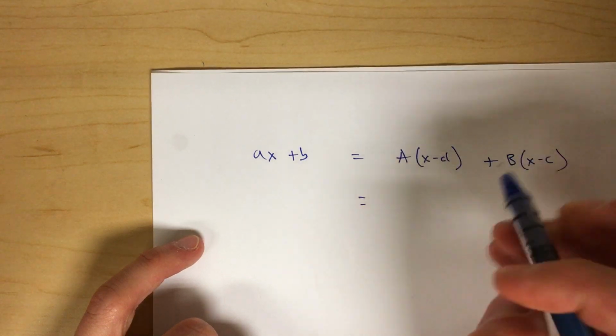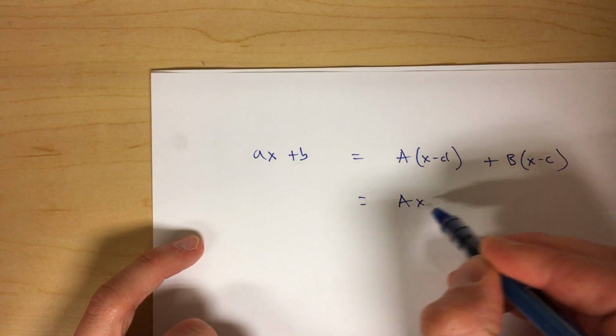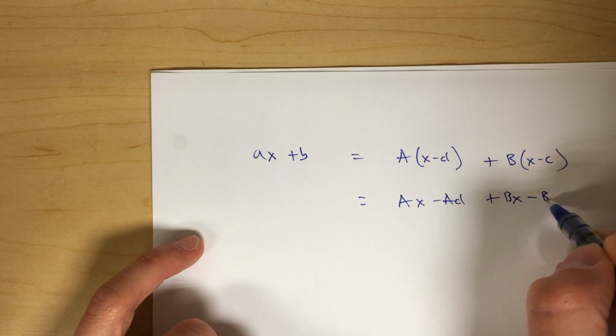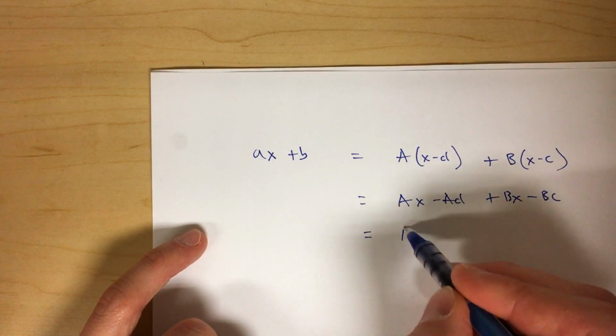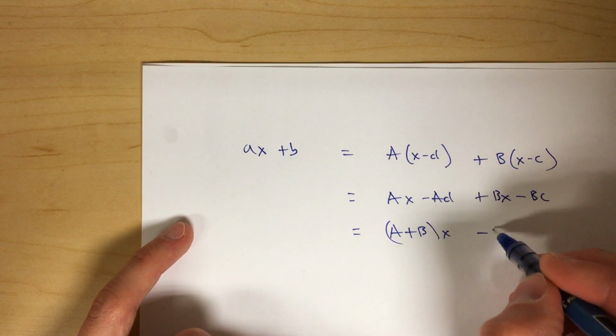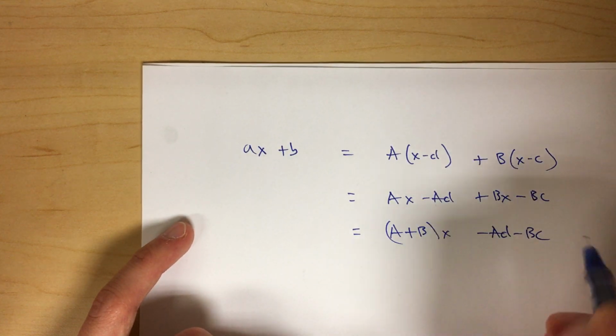If we multiply this out, we would get ax minus ad plus bx minus bc. And so this is a plus b times x minus ad minus bc.